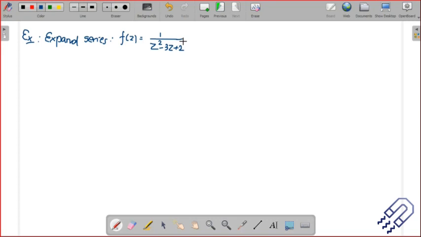If you take it that way, what you're going to see is some regions will be given and you're supposed to expand the series. The regions for expansion of the series will be given, and that will be the question, and that is something you have to understand. So let me give you the question completely. This z will lie between 1 and 0.